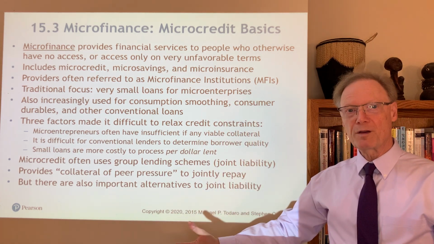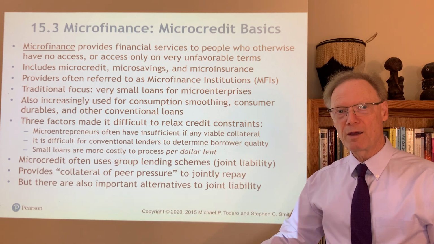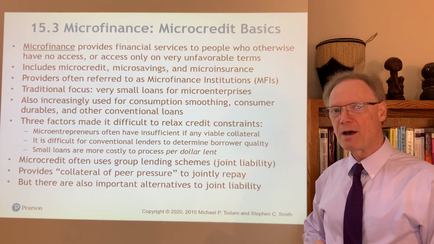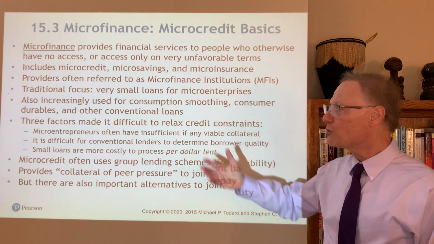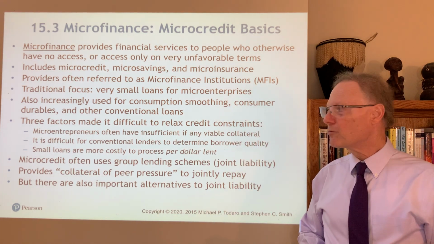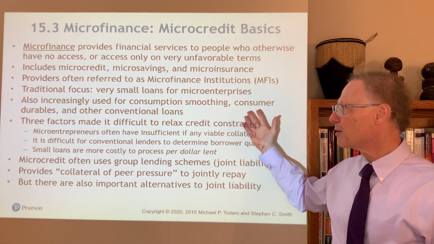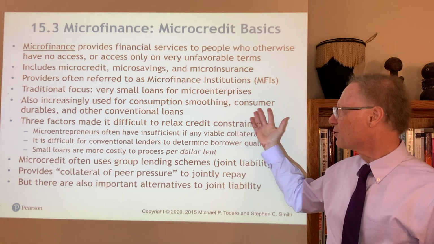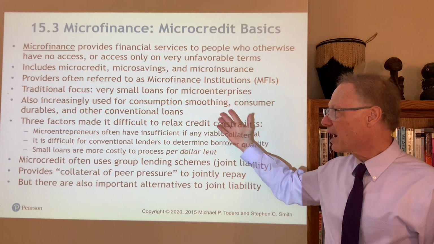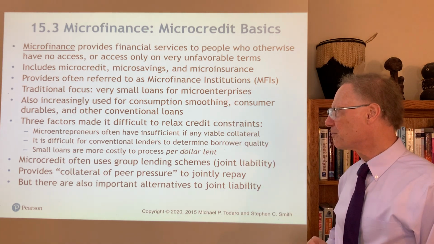Maybe someone loses a job or is temporarily ill. There's still a need to buy food. Also for consumer durables, as really is always the case and remains the case in developed countries when people buy consumer durables on credit, of course, and some other conventional loans.